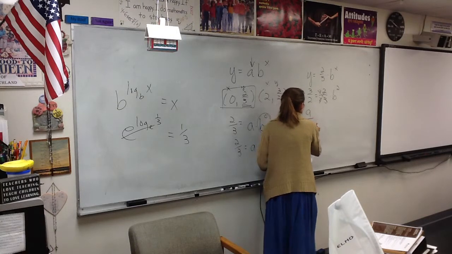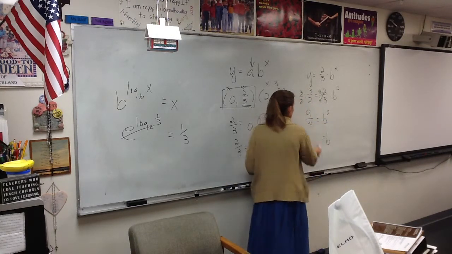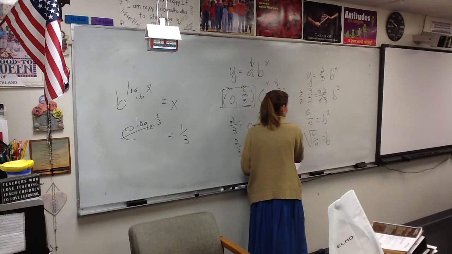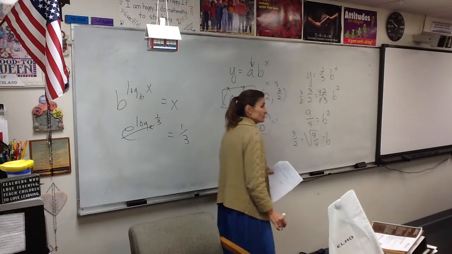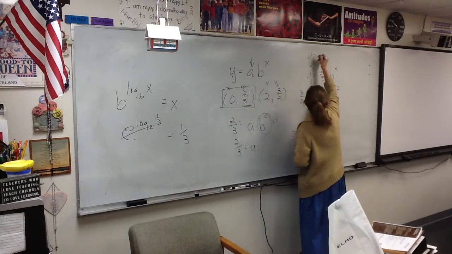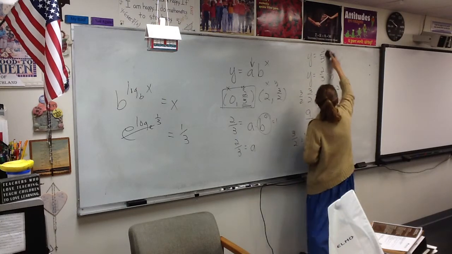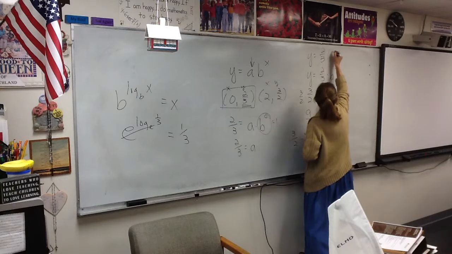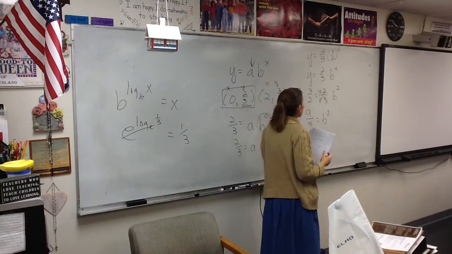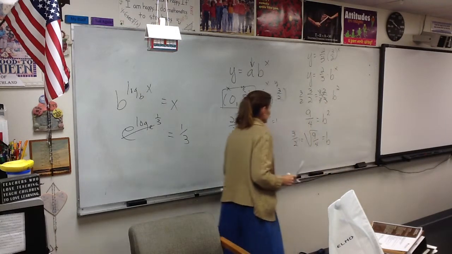And 9/4 equals b squared, which means b equals the square root of 9/4, which is 3/2. So then I can write my equation. Y equals 2/3 times 3/2 to the x. And we never, ever, ever combine these two numbers, ever.